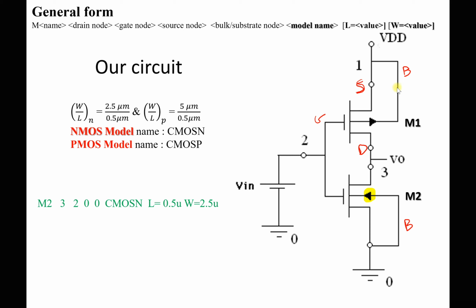So for PMOS, the name of the transistor will be M1, the drain node 3, gate 2, then source and bulk 1, 1. Model name CMOSP, and finally L equal to 0.5 micro, W equal to 5 micro.